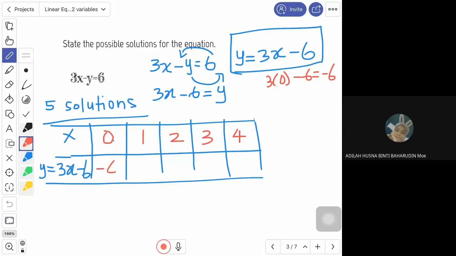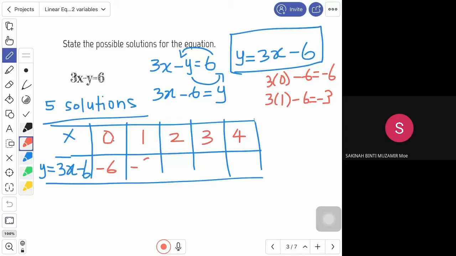Okay, when x equals to 1, kita ganti pula x dengan 1. Equals to berapa? Ambil calculator, kira. 3 minus 6. Negative 3. So the value of y is negative 3.